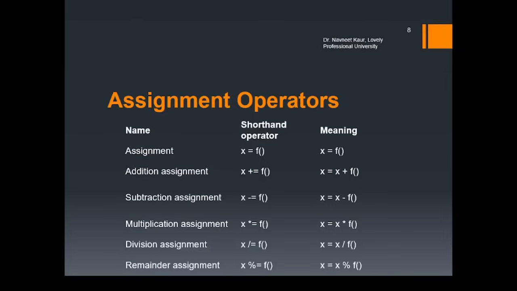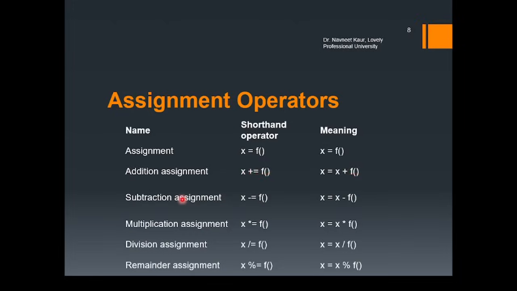The next kind of operator is assignment operators. In assignment operators, the first one is assignment. We have already used this because we are assigning values to a variable. Then we have addition assignment, which means that instead of writing x equals x plus function, you can also write x plus equals function.